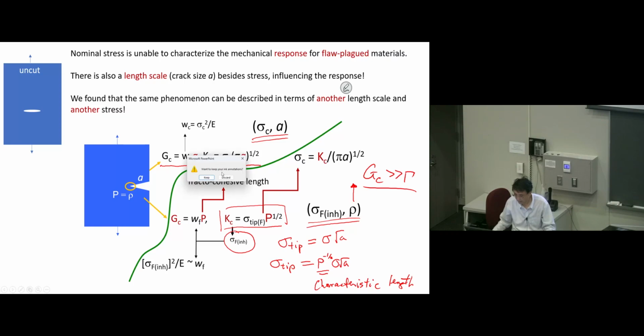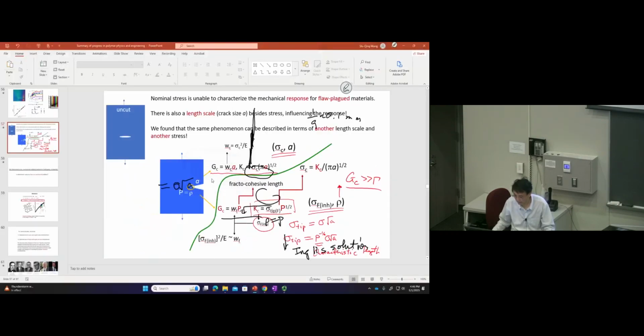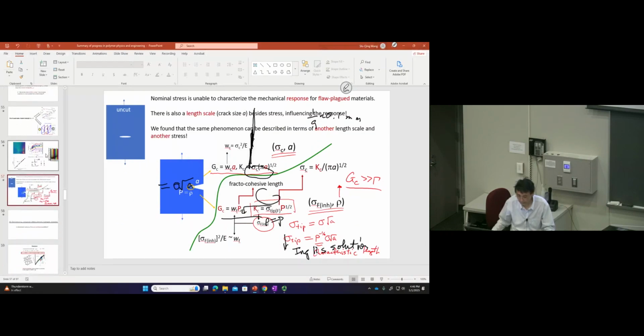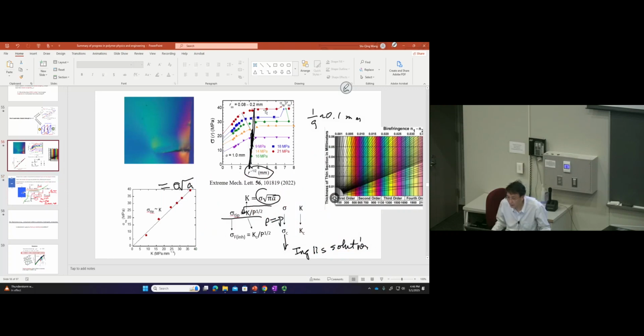Because you have high elastic stress over a much larger region that emerges near the tip.